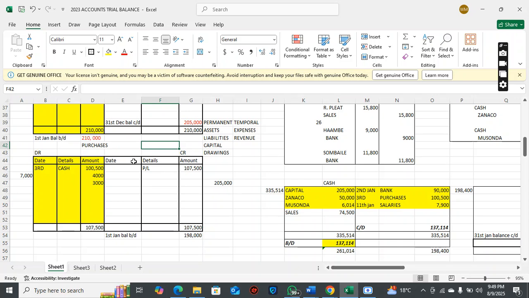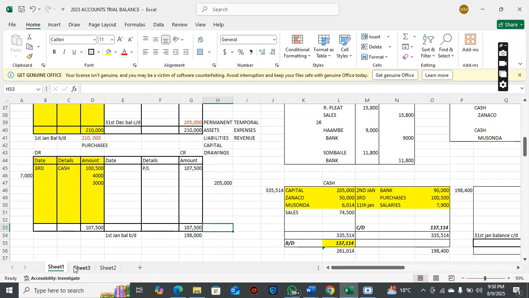Where were we at? Yes, purchases returns. It reduces the purchases expense. Purchases returns are whenever you take back goods to your supplier.